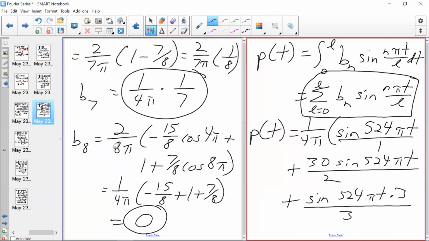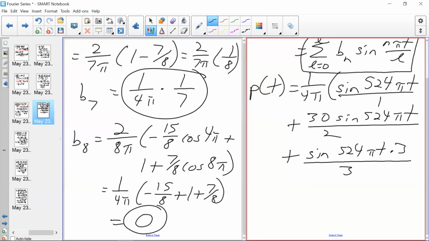Okay, so let's write the next terms out. So 4 is 0, so we go all the way to 5. This is going to be sine 524 pi t times 5 divided by 5. This is basically 1/5 times 1 over 4 pi, which is what we got for the b sub 5 term.